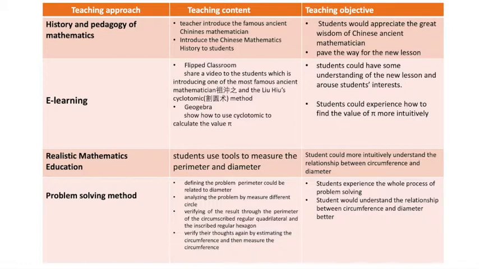In addition, the teacher used GeoGebra to let students experience how to use cyclotomy to calculate the value of pi. It can save much time in the class and enhance the motivation of students. Apparently, students could experience how to find the value of pi more intuitively.